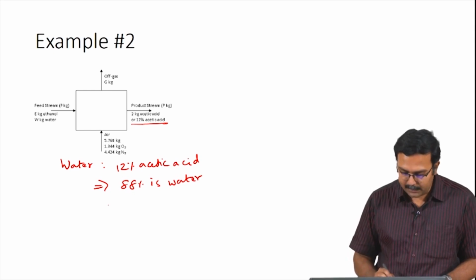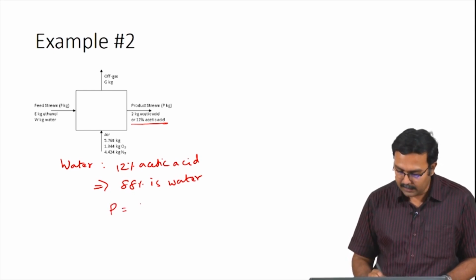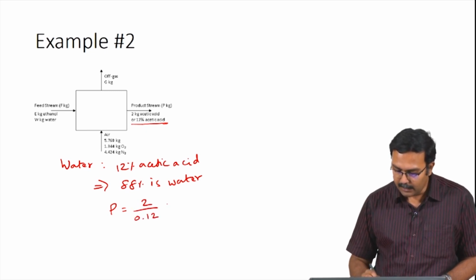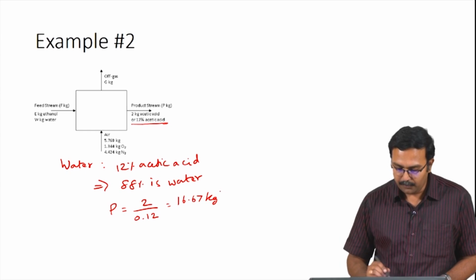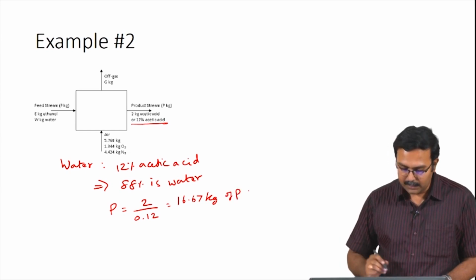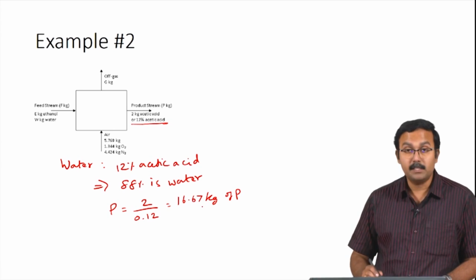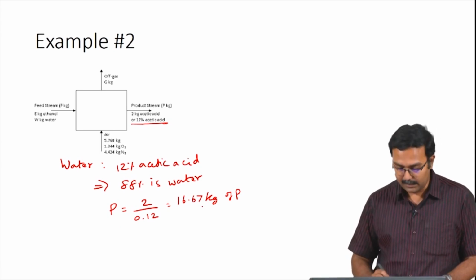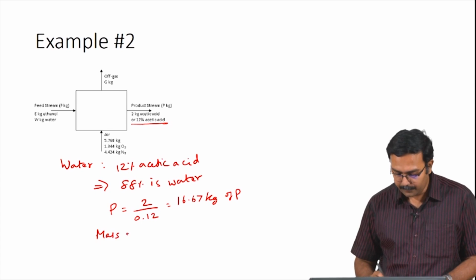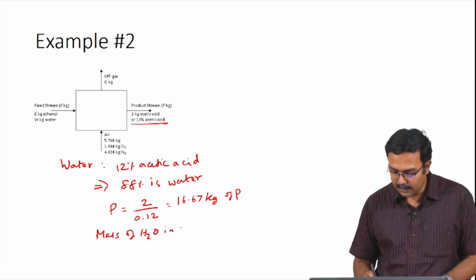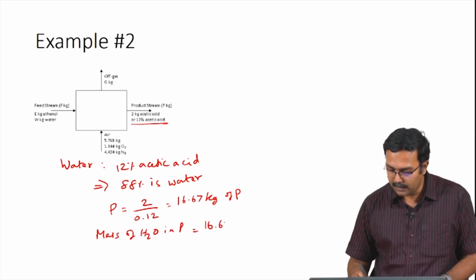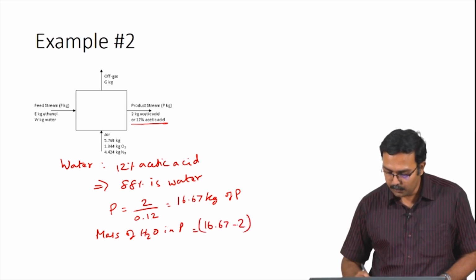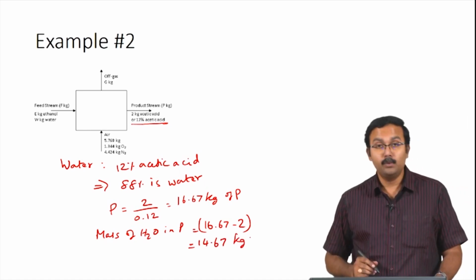So, the mass of the product stream P can be calculated as mass of acetic acid divided by the mass fraction of acetic acid, giving you a value of 16.67 kilograms of P, which is the acetic acid solution. If 2 kilograms of this 16.67 kilograms is acetic acid, mass of water in the product stream P would be 16.67 minus 2, giving you 14.67 kilograms leaving through the product stream.